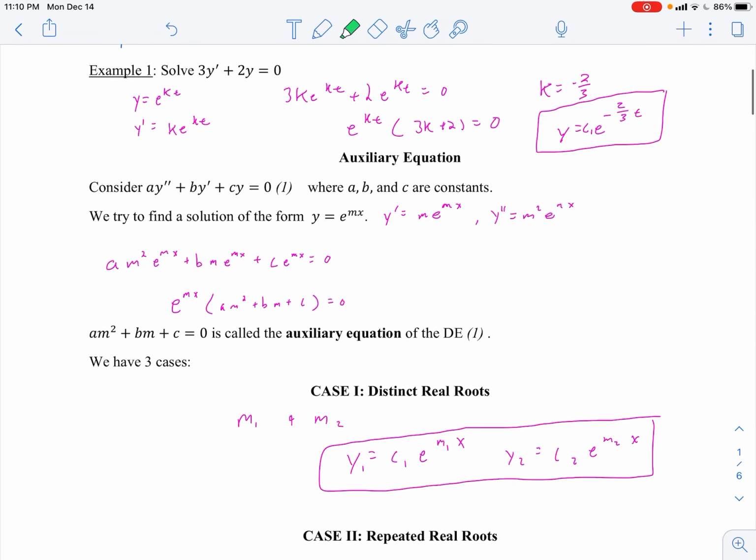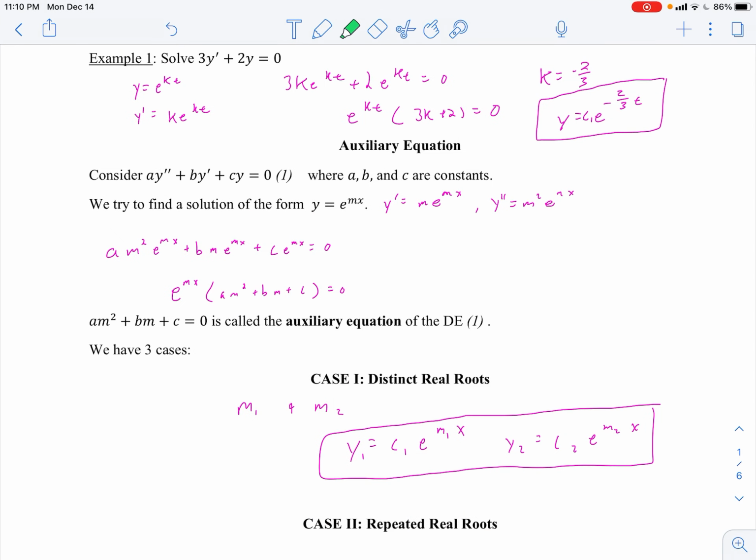Alright, let's go ahead now and look at the auxiliary equation. So consider we now have a second order differential equation. I represent it here by 1, where a, b, and c are constants. We try to find a solution of the form y equals e to the mx. Again, it is going to be a solution of y equals e to the mx because a, b, and c are constants.